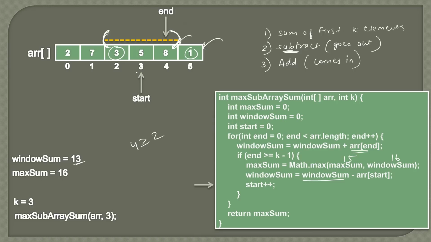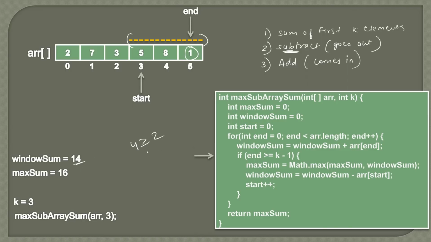So start comes at index 3. We increment end. End comes to index 5. It means our sliding window is now from index 3 to 5. This is our last sliding window, and 1 was added to it. So we do window sum, which is 13 plus 1, giving 14. We assign this 14 back to window sum. So window sum will become 14.